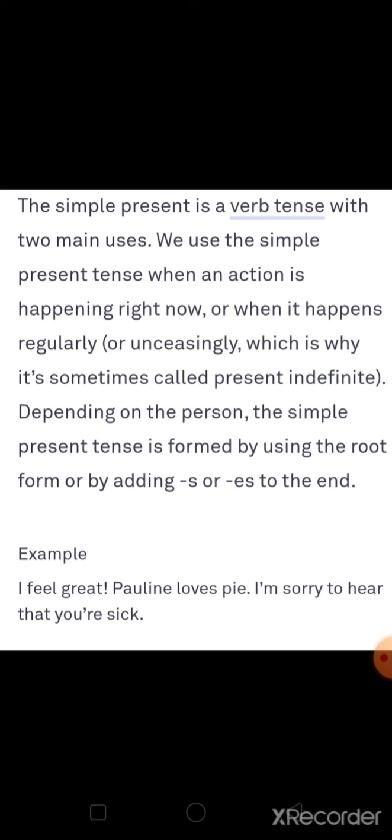Depending on the person, the simple present tense is formed by using the root form or by adding s or es to the end. For example, I feel great. Pauline loves pie. I am sorry to hear that you are sick. Okay?